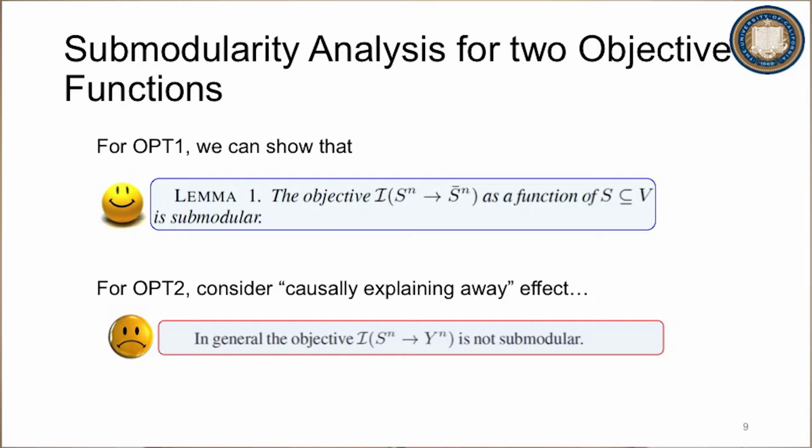A counterexample can be found by using the causally explaining away effect in the random process. However, in practice, we also realize that in many cases, although the function is not strictly submodular, it is very close to submodular.